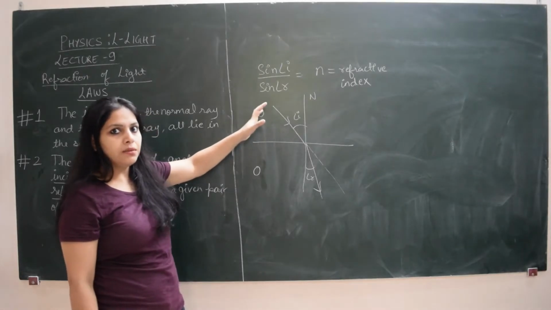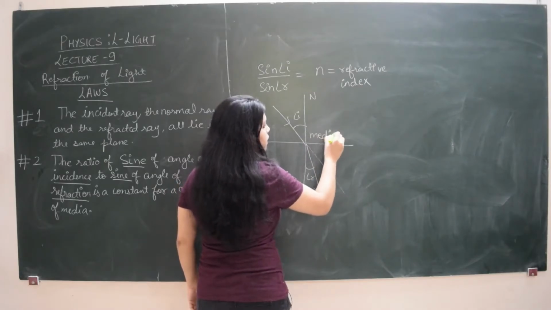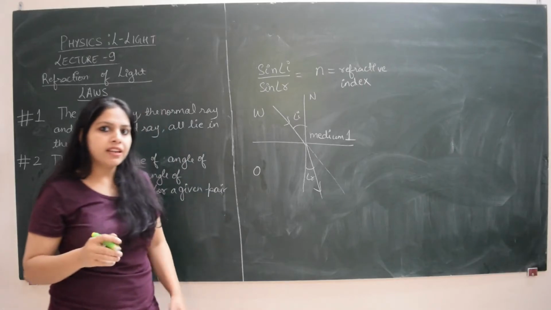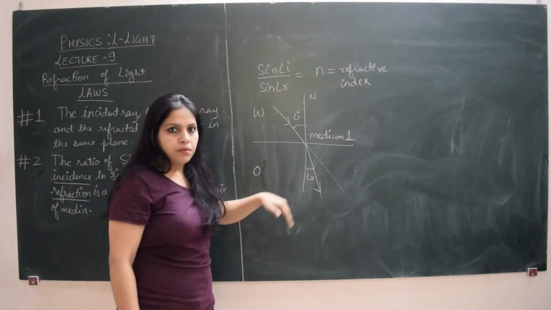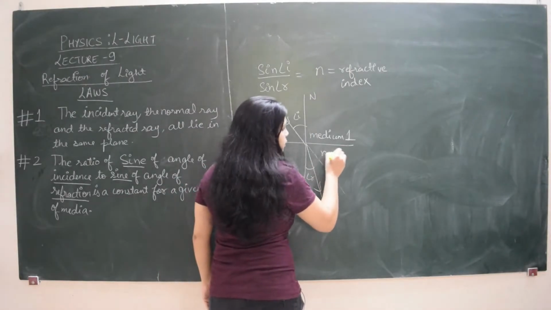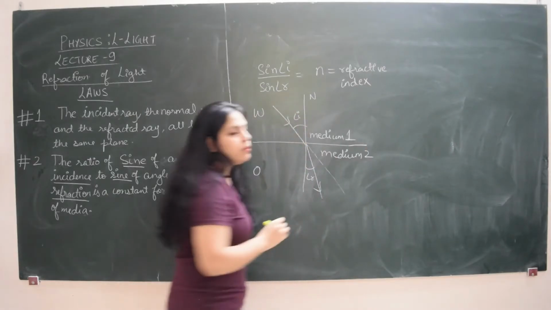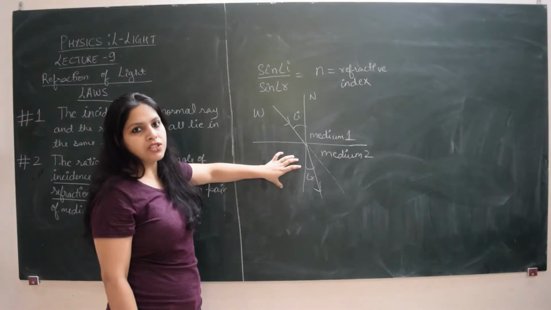Usually the medium in which the ray is incident is known as medium 1 for convenience. The medium in which the light enters after crossing the interface will be known as medium 2. So you can see that in medium 2 refraction is taking place.